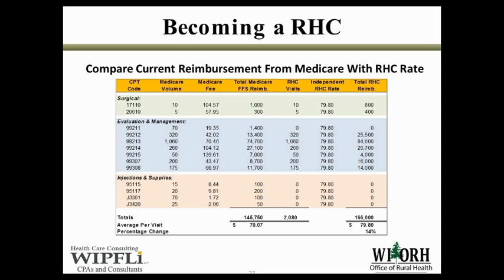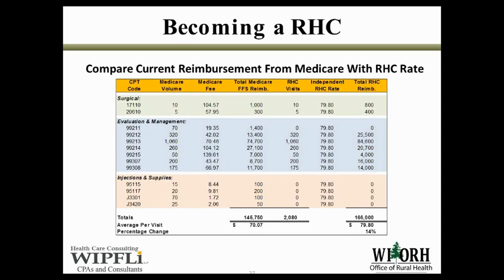In this example, we've compared the average reimbursement for just over 2,000, actually 2,080, rural health clinic encounters from Medicare that average about $70 of reimbursement per encounter based on the services being provided during those 2,080 encounters. We then compared that reimbursement to the maximum independent reimbursement rate for 2014 of $79.80.